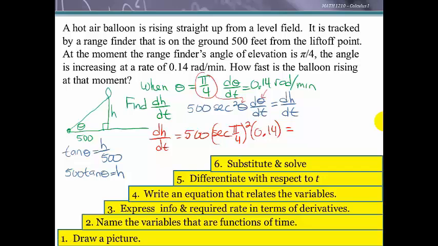So when I flip that over, that's the square root of 2, and when I square it, that's 2. So all of this part is 2. 500 times 2 is 1,000 multiplied by 0.14, so I have 140, and our units are feet per minute. So this balloon is rising when the angle is pi over 4 at 140 feet per minute.